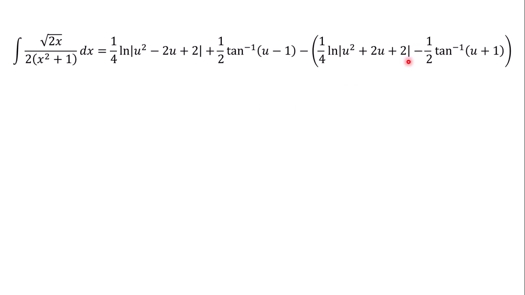This one is in a bracket because A and B is what? Subtracting. So we are going to open this bracket by multiplying this minus through.